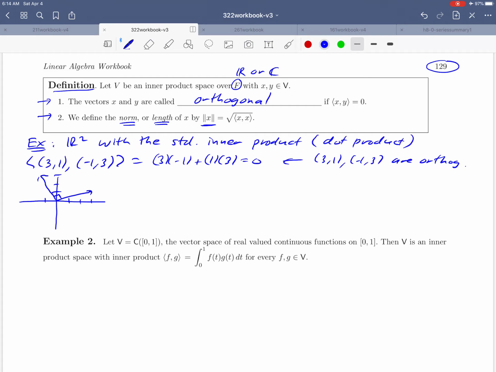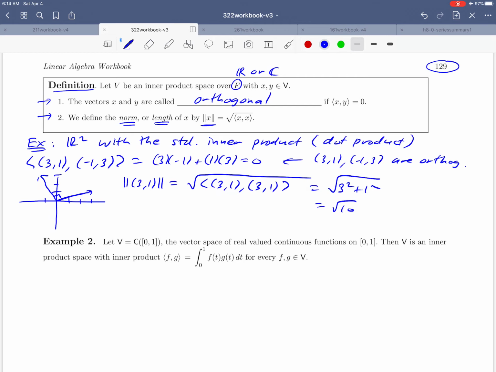Okay, and let's test out our definition of the norm. So the norm of one vector, let's just pick one of them, (3, 1). According to our definition, that would be the square root of the inner product of (3, 1) with itself. And so that would be the square root of 3 squared plus 1 squared, which is the square root of 10.